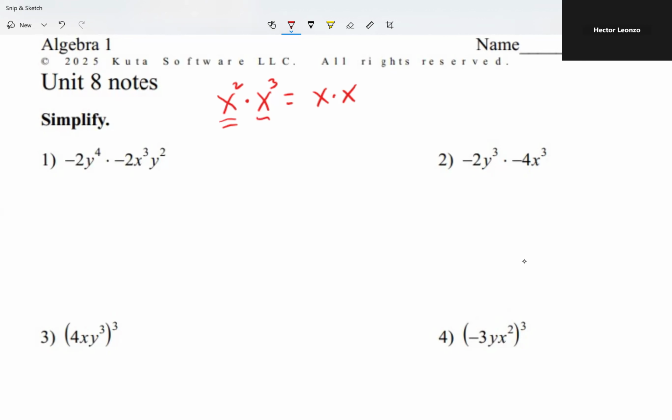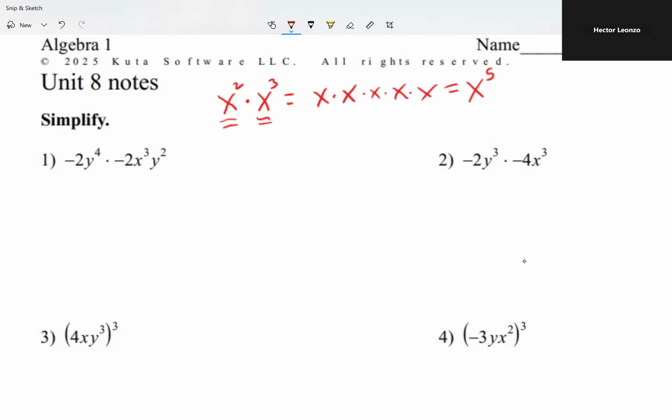The x to the third basically means I'm multiplying x 3 times, so I'm going to go times x times x times x. Now, notice how I'm multiplying x all together. So that basically means I'm multiplying x, in this case, 5 times, right? We can count how many times I'm multiplying x, 5 times.